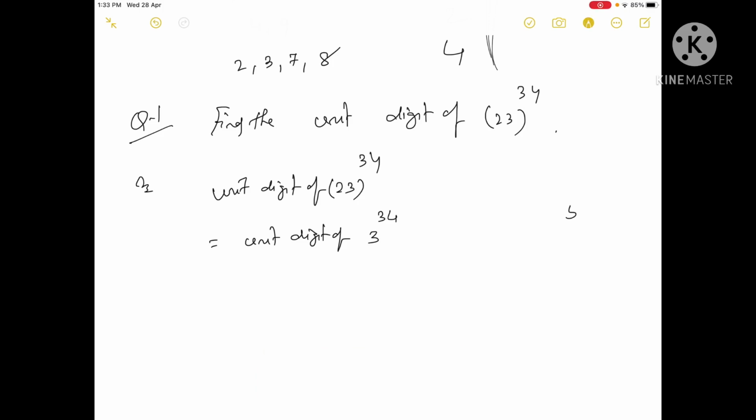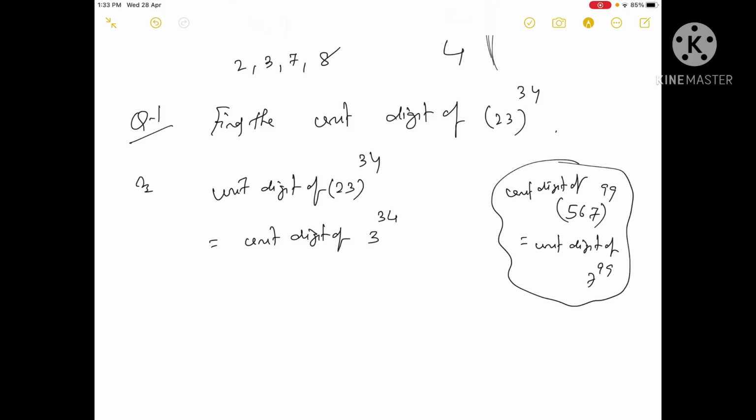Suppose you want to find the unit digit of 567 to the power 99. It will be equal to the unit digit of 7 to the power 99. In a similar fashion, we can solve other questions.